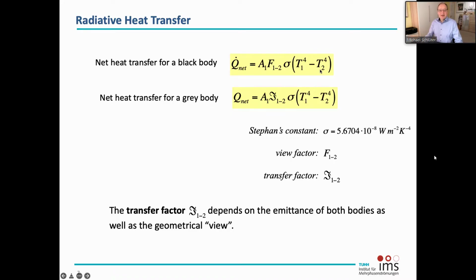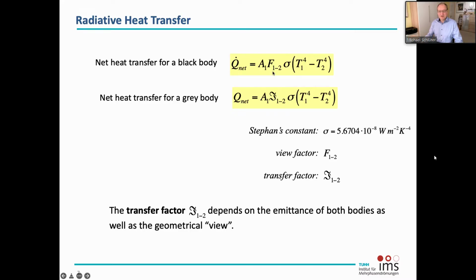And if we have not a black body, but a gray body, then additional to the view factor, we have this emittance. And the emittance, you might remember, was a difference between the black body and the gray body, because not the full spectrum is absorbed if we have a gray body. And therefore, we have this old German F here, which is a transfer factor.